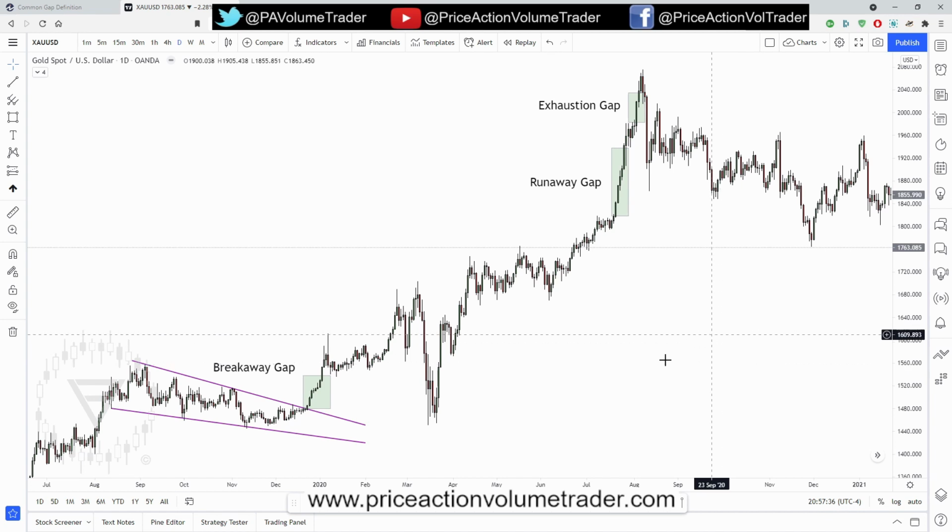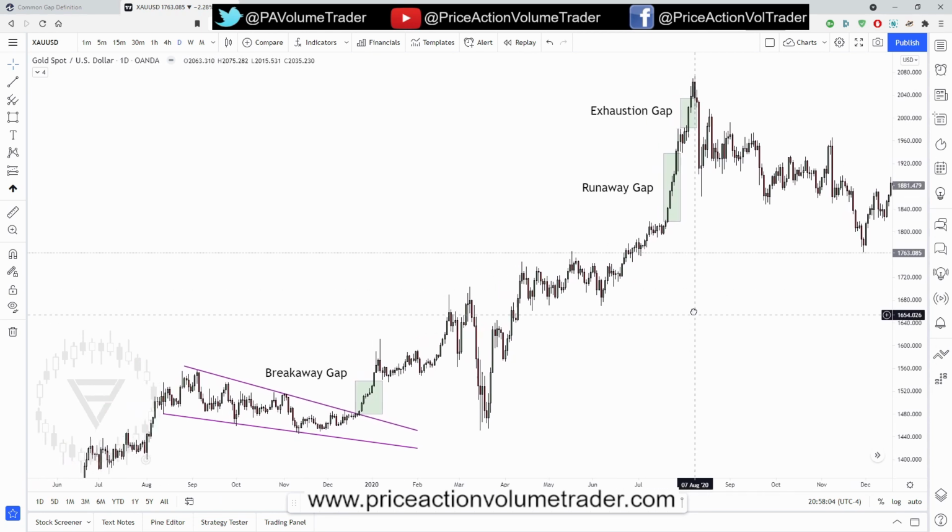If you see a long-term chart of the S&P 500, for example, you're going to see a ton of breakaway and runaway gaps that have not been filled in a very long time. But like I said, I do mostly intraday trading, so my most useful type of gap, which I'm going to talk about in more detail later, is the common gaps.